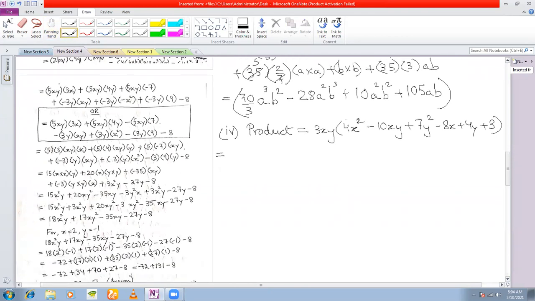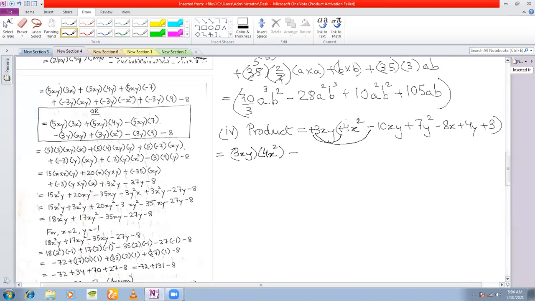First of all, you have a plus here, and you also have a plus here. So you multiply these two, you get a plus. So 3xy into 4x square. Next, you've got a plus here and a minus here.